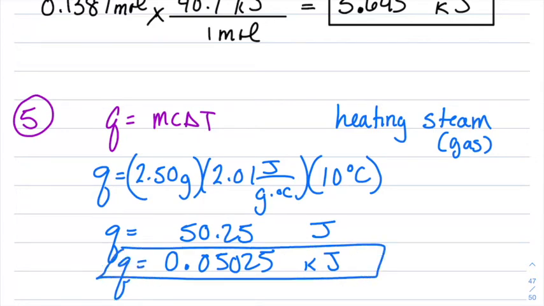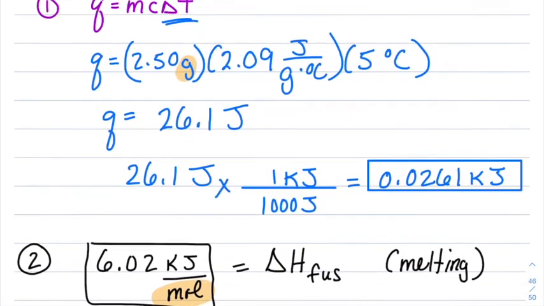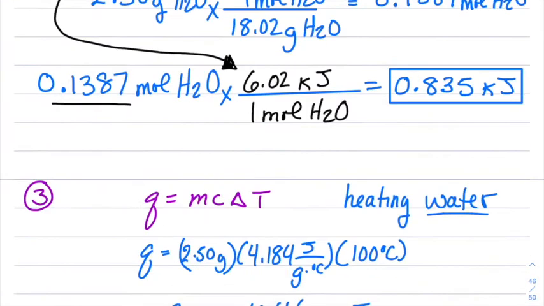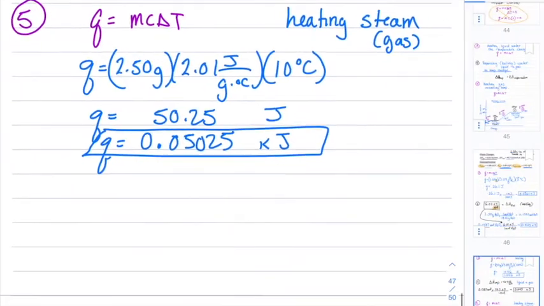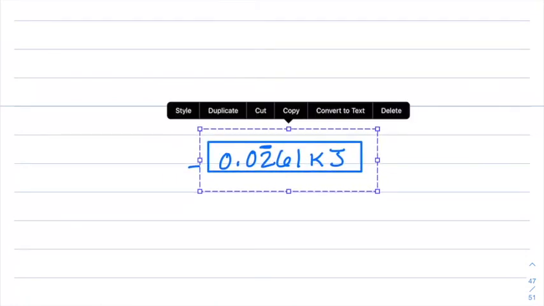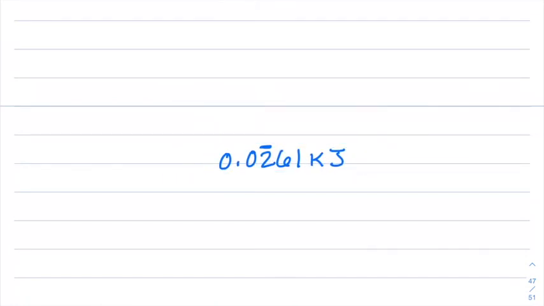All right, so next up I want to do 2 things. First is check our sig figs, and then we're going to add everything up. So I'm going to go up to the very first one. So our very first one, it looks like we're at 1 significant figure. So I'm going to put a line right here over that 2. So that'll be our last sig fig when we add this up. And I'm going to copy this and bring it down. So this was from number 1.